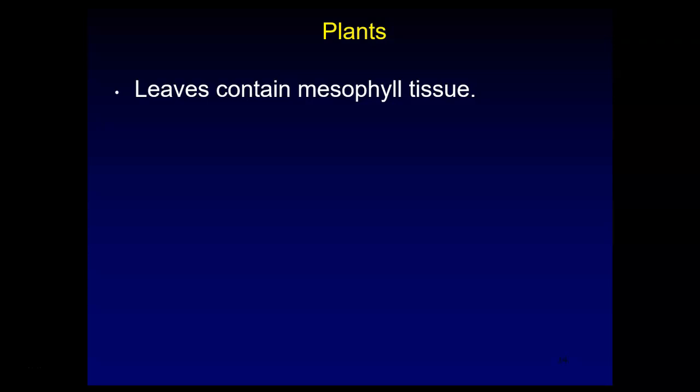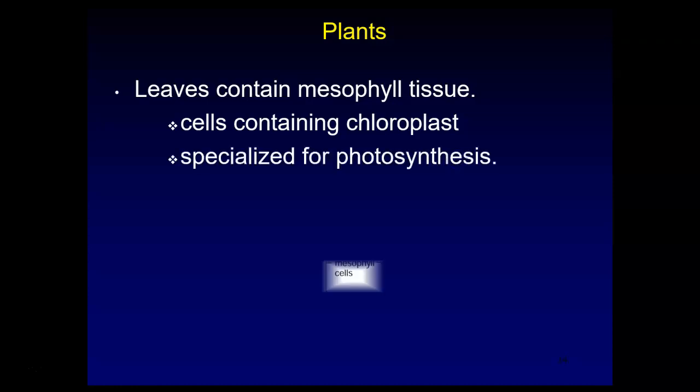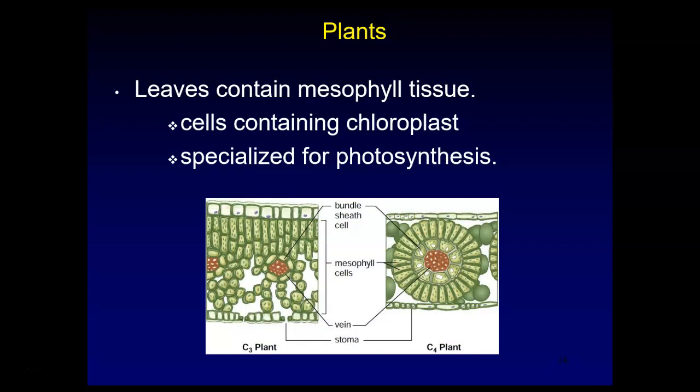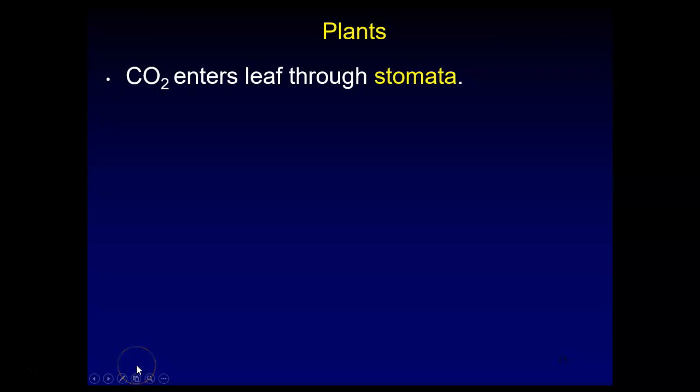Okay, the leaves, we know that they contain mesophyll tissue, and that means it's a specialized tissue, and the reason why it's specialized is because it houses the chloroplast. So we know that this is going to be an area that's specialized for photosynthesis because the chloroplast is present.